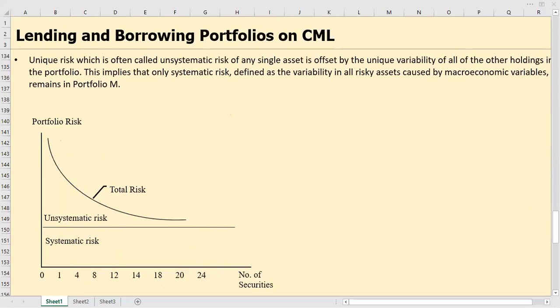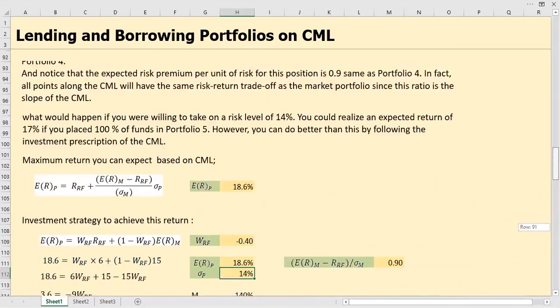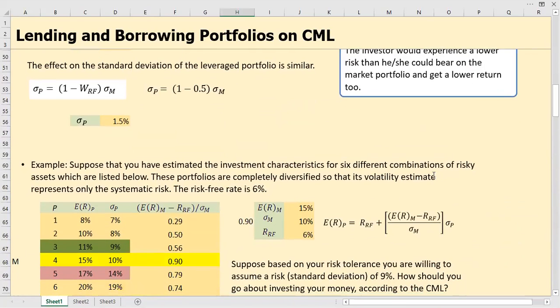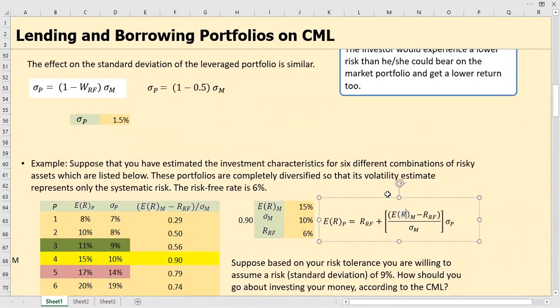That is one of the limitations of this capital market theory, because if you look at this formula, using capital market theory we can only calculate the expected return of the portfolios, that means the market portfolio and the risk-free asset. We cannot calculate the expected return attributable to a single individual asset that has the systematic risk as well as the unsystematic risk.